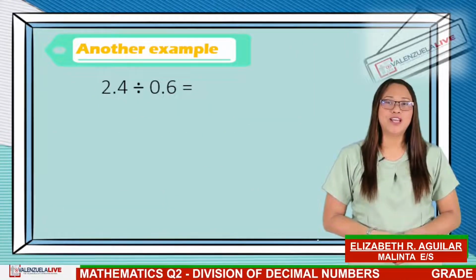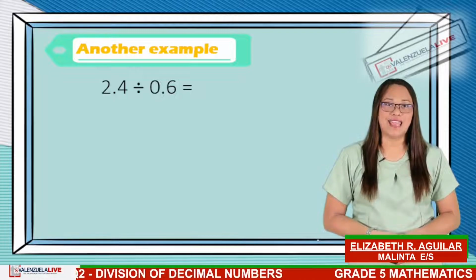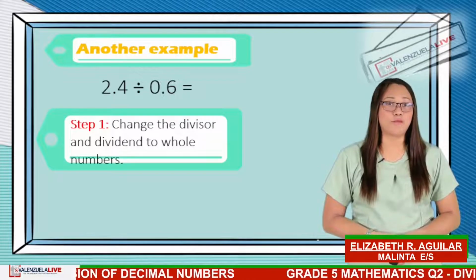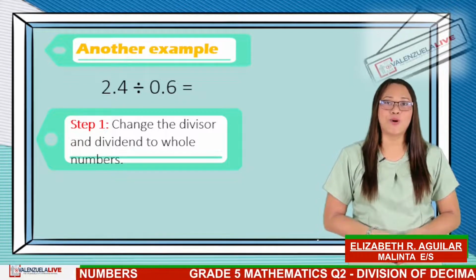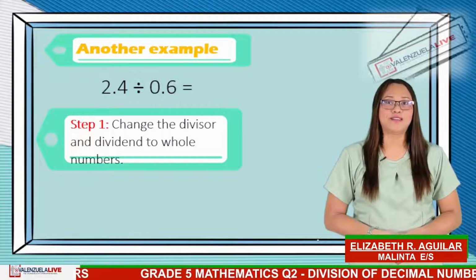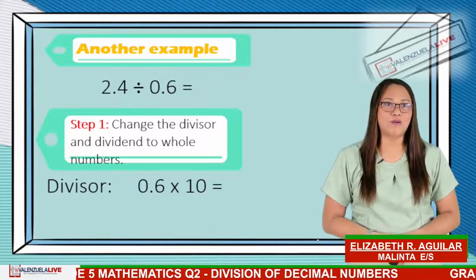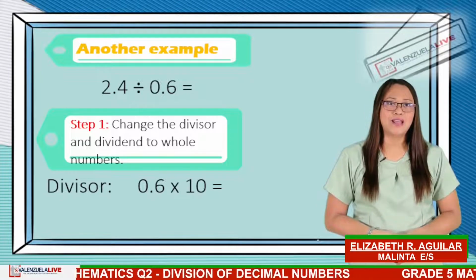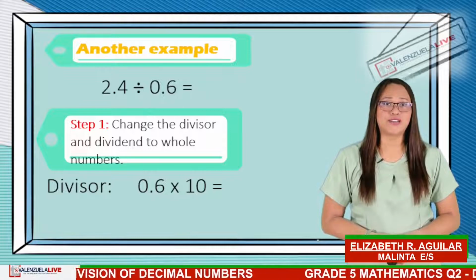We have here 2 and 4/10 divided by 6/10. Okay, step 1, we are going to change the divisor and dividend to whole numbers. So what we are going to do, we're going to multiply it by 10. Why do we use 10? Because the decimal place of our divisor is only 1.